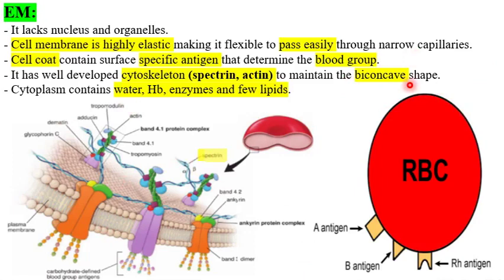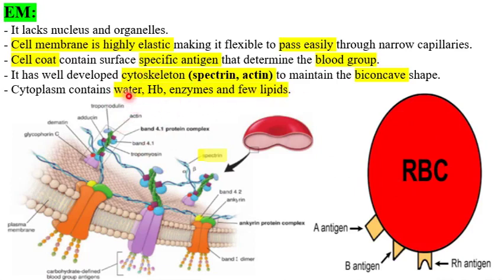Any change or abnormality in this protein, the spectrin or actin cytoskeleton, will change or play with the normal biconcave shape of the RBCs. So any change in RBC shape will be named poikilocytosis. Okay. The cytoplasm of the RBCs contains mainly hemoglobin and water, enzymes and few lipids, but mainly hemoglobin.